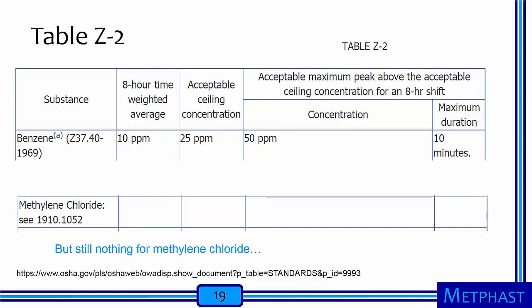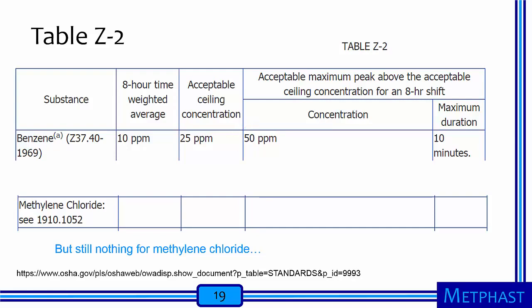This is the acceptable maximum peak above acceptable ceiling concentration for an 8-hour shift. So this is the peak concentration now. This is 50 ppm for an 8-hour shift, and the maximum duration is 10 minutes.